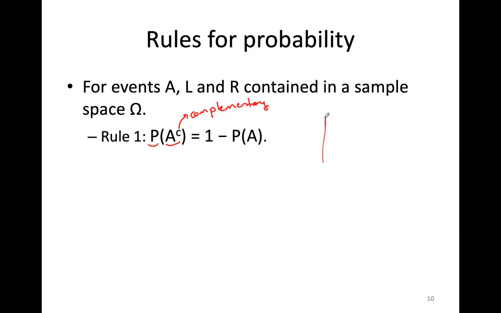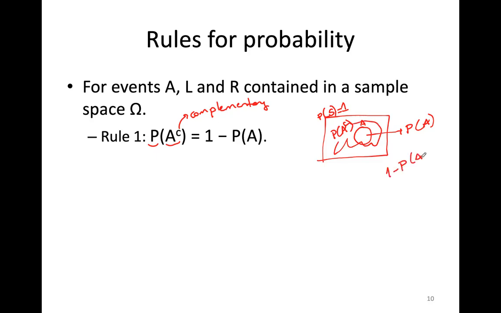I have this sample space. This is my event A. What is the probability of A? P(A). What is the probability of A complement? Here. The probability of the sample space is always 1, so if I add all of them, the probability of this region is equal to 1 minus P(A).